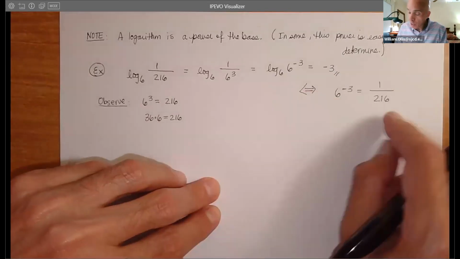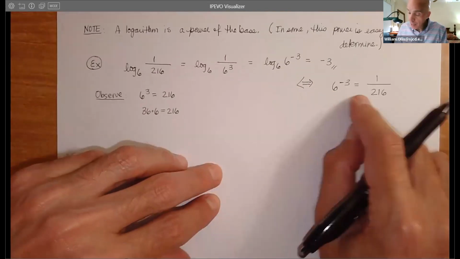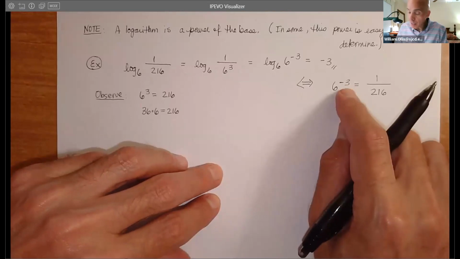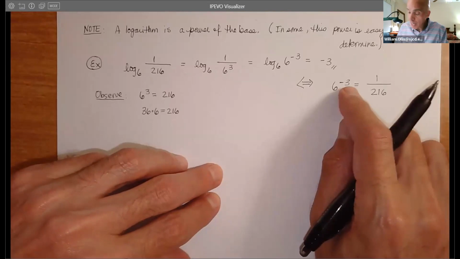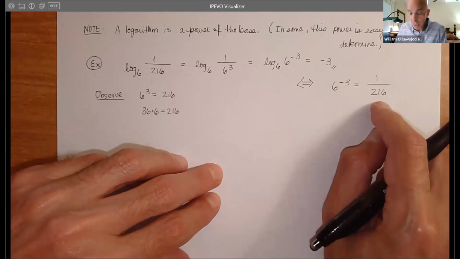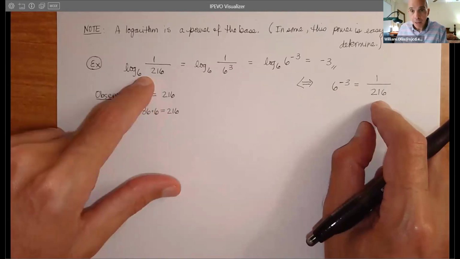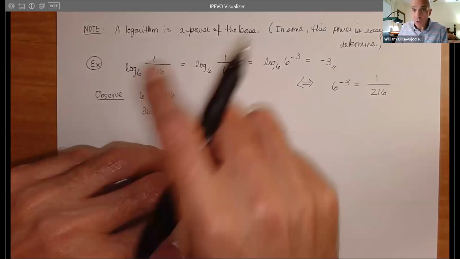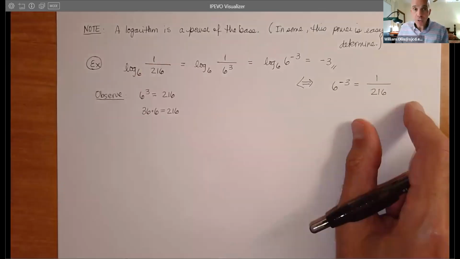If I look here and say, oh, negative 3 is a power of the base, it's a logarithm. It's actually negative 3 is the base 6 logarithm of 1 over 216, which is exactly that. Which direction you want to go and which form you like is a matter of personal taste.